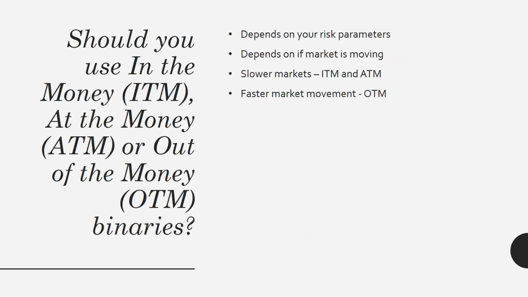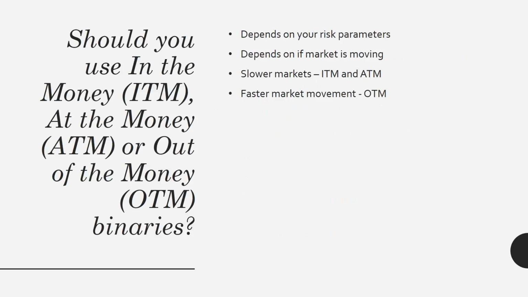Are you trend trading or are you counter trend trading? Typically, if you have a slower market, a lot of people will tend to go with the in the money and at the money, because it's a slower market and the chances are it's not going to move very much during that period.